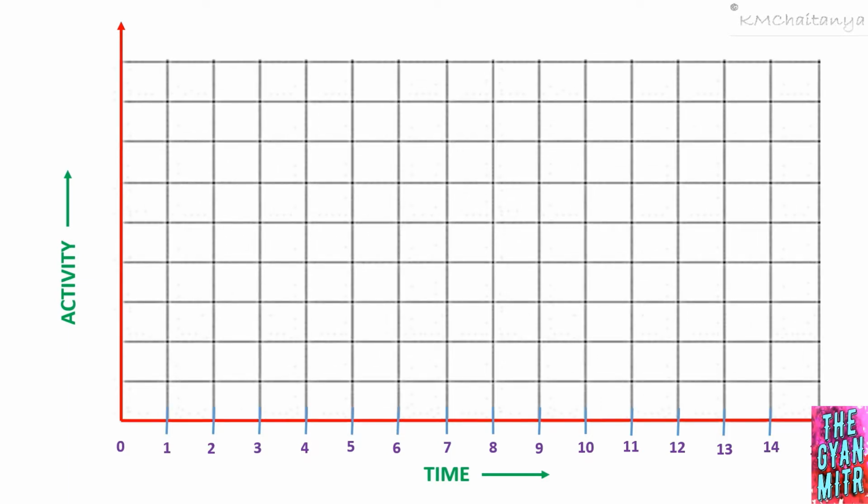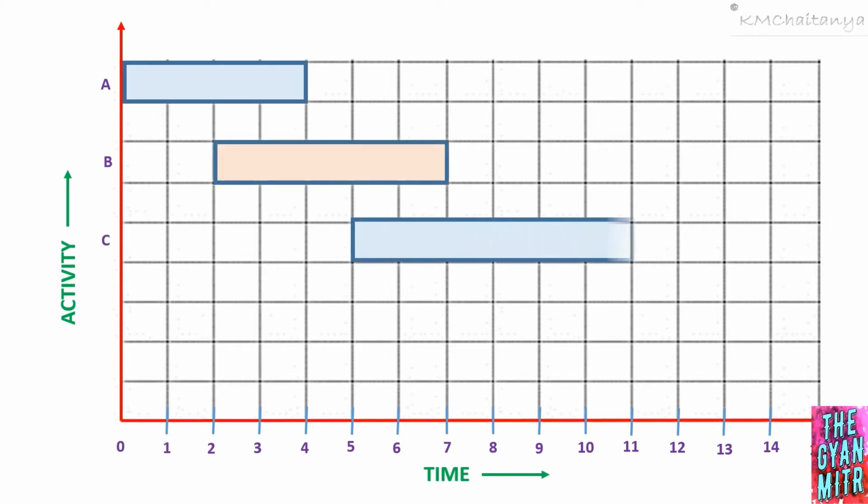For our convenience, we are just having this grid so that it is easy for us to represent each job or the activity. Now we have different activities A, B, C, D and E. So these are the different activities that have to be performed in a given project.